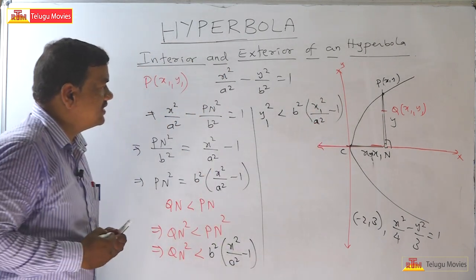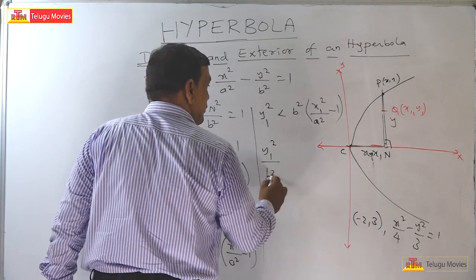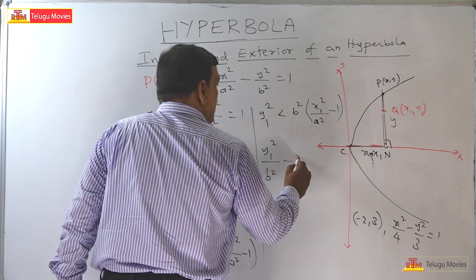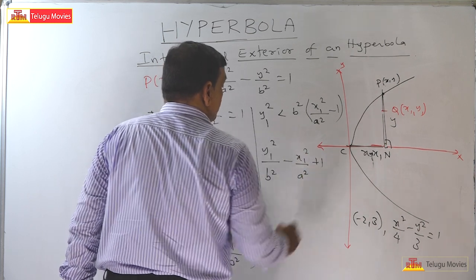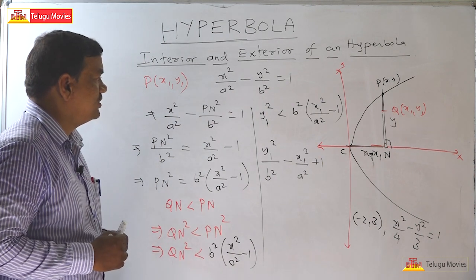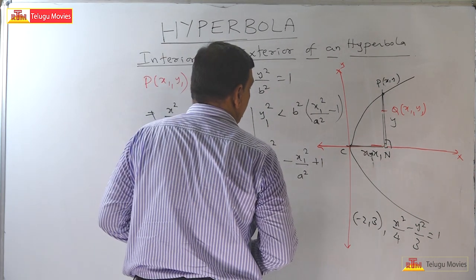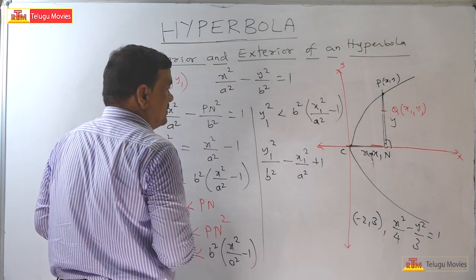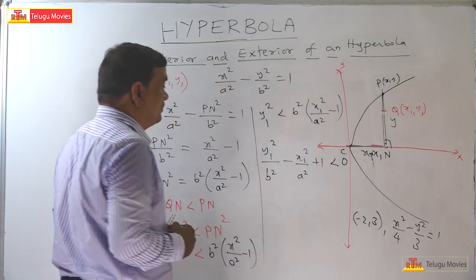Okay, let us simplify this. We get y1 square by b square minus x1 square by a square plus 1 is less than 0.